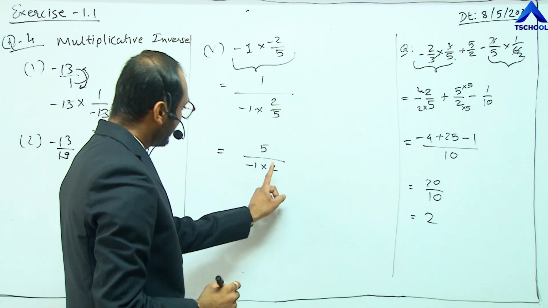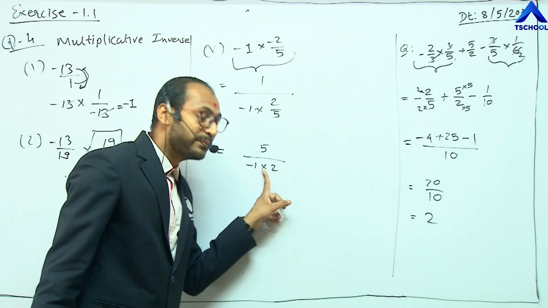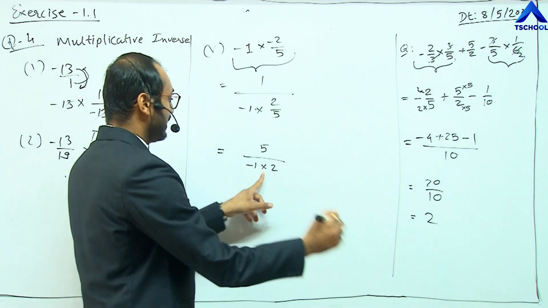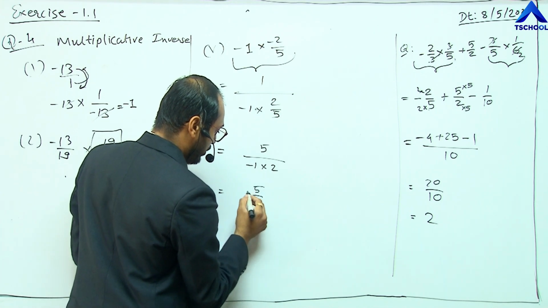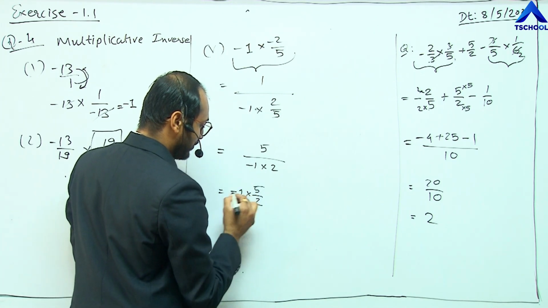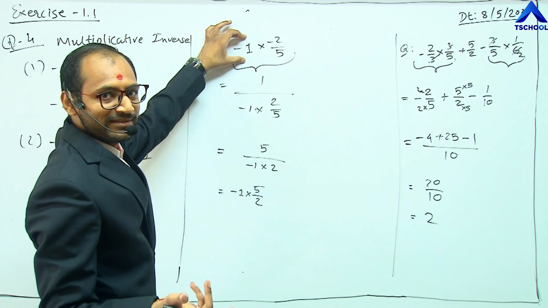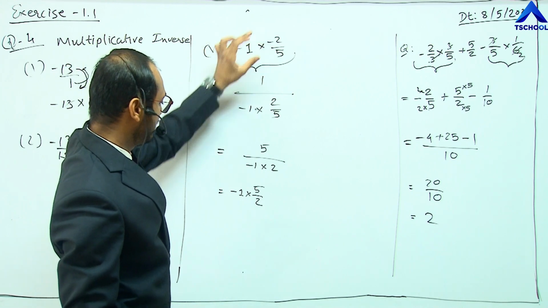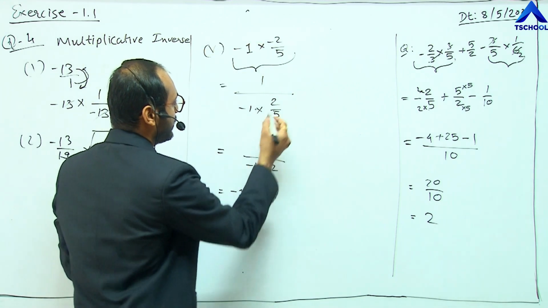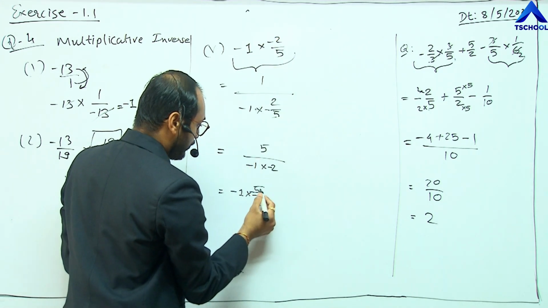That means, again, remember this thing, here is the multiplication sign. So we can write here 5 by 2 into minus 1. So the multiplicative inverse of minus 1 is minus 1. And the multiplicative inverse of this number is 5 by 2.